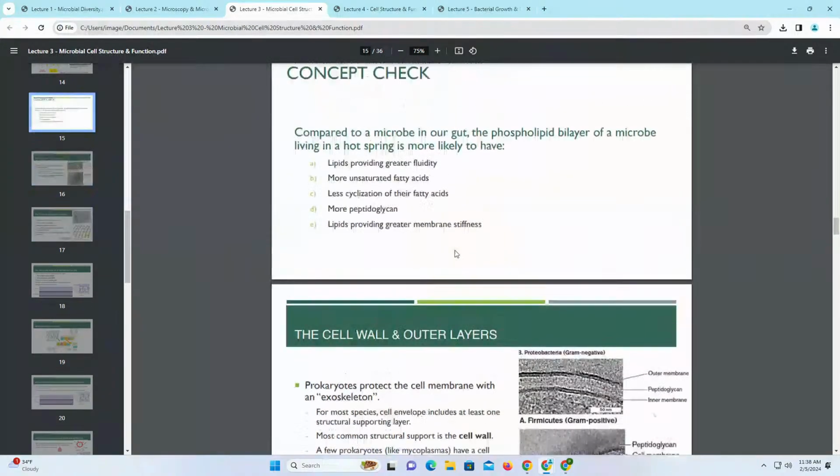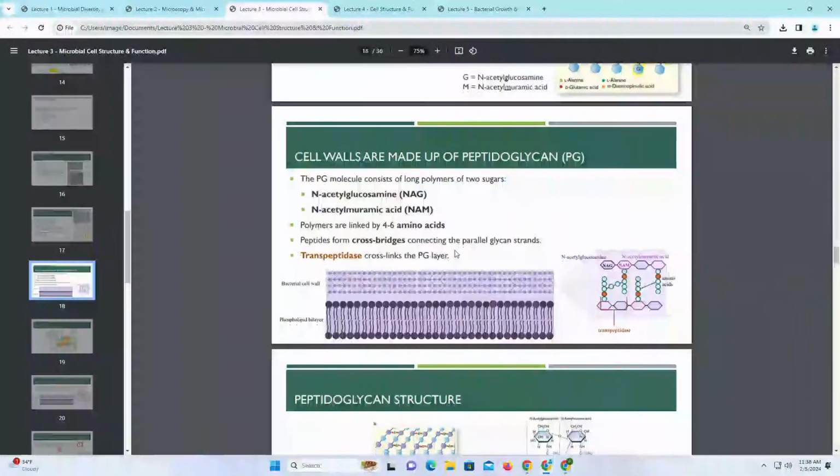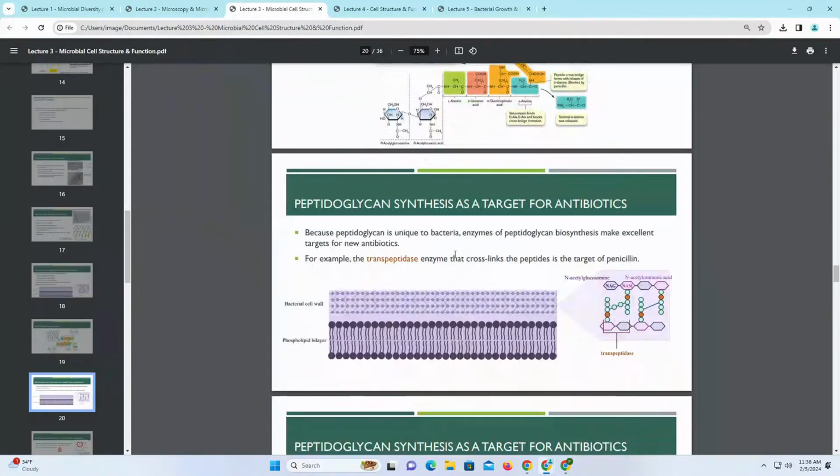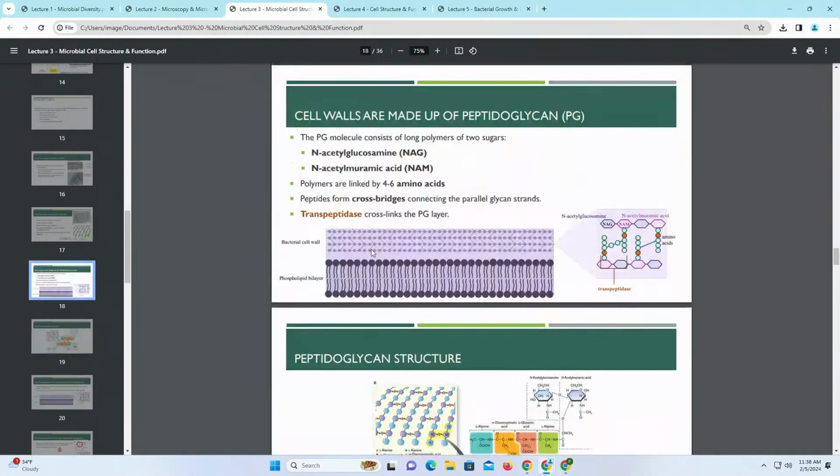Sure. Like the peptidoglycan layer. Is that what you're talking about? Like with the antibiotics. Oh, the antibiotic stuff. Yeah. Sure. So like we've talked about, the cell walls of bacteria are made up of peptidoglycan. And one of the key differences between gram-positive and gram-negative bacteria is the thickness of this peptidoglycan layer.